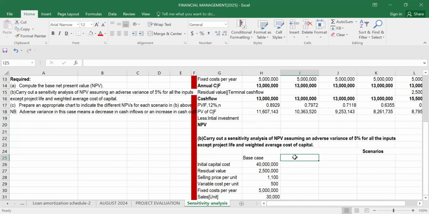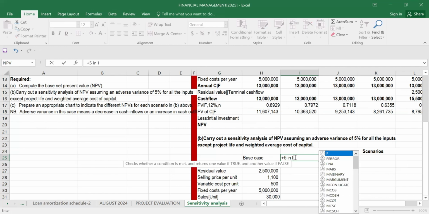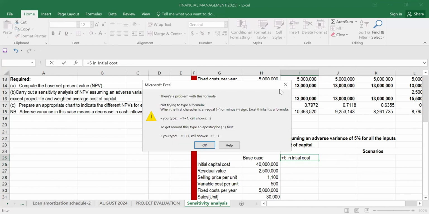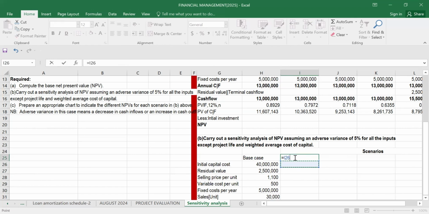So here, the first scenario will be a 5% increase in the initial cost, or the initial investment. Okay, just a minute. The reason we have a problem is that we are starting with the plus.